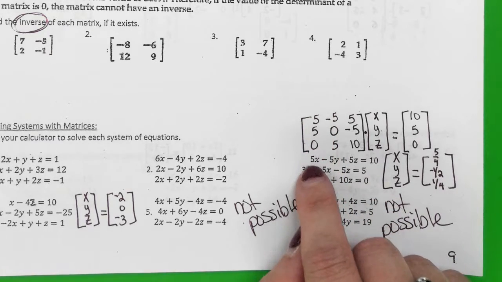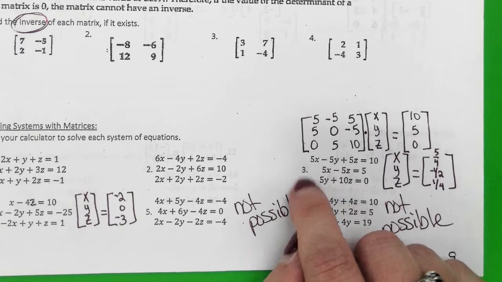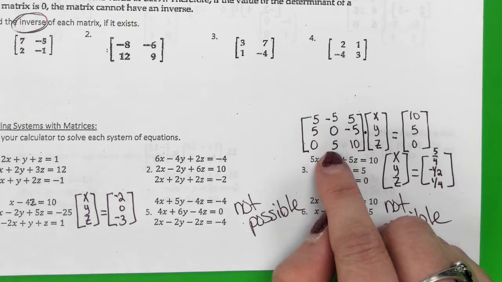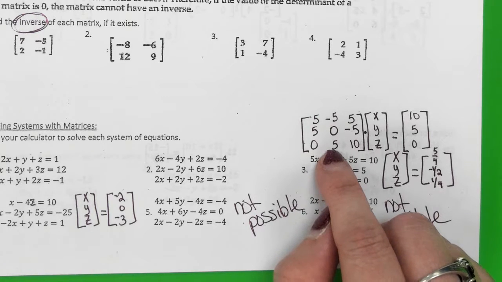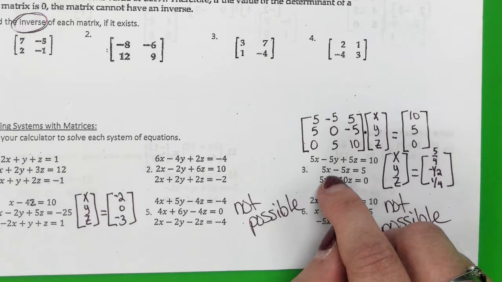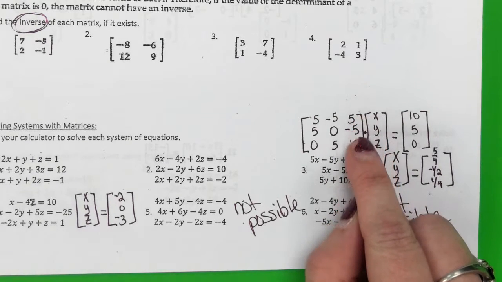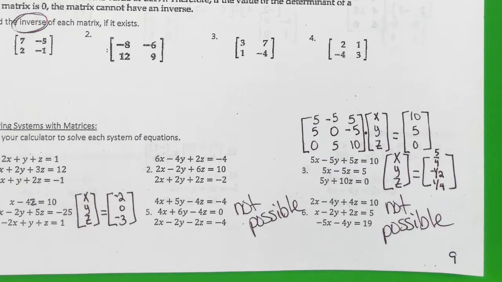This x value was 5. This x value was 5. This didn't have an x, so that's 0. The whole second column are all your y values. They all have to line up. So this first one was -5. This one didn't have a y, that's why it's 0. And this y value is +5. Then all your z's have to line up on the third one. Does that make sense? Okay. Otherwise, your calculator doesn't know how to do it.